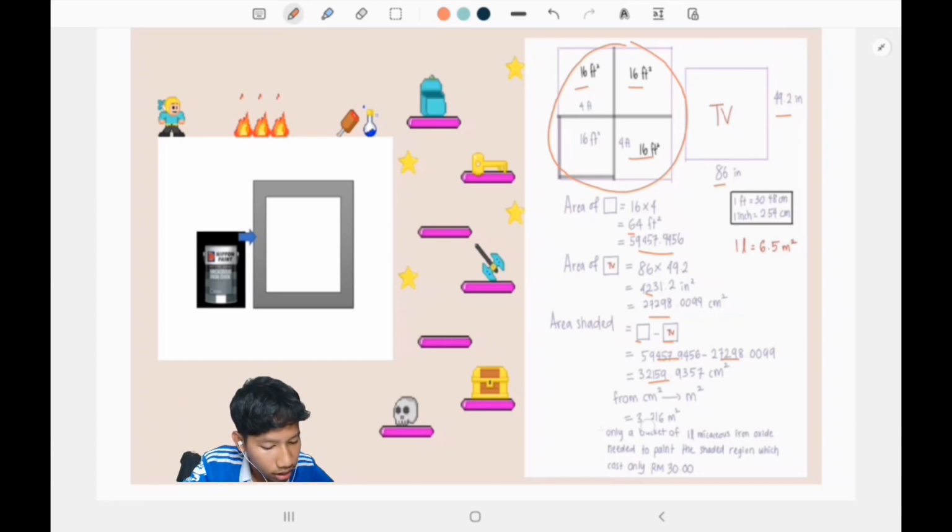So the area of the shaded region that we got, we change into meter, and we got 3.216 meter square. So only 1 bucket of 1 liter of mica kiosk iron oxide is needed to paint the shaded region, with the cost only RM30 ringgit.